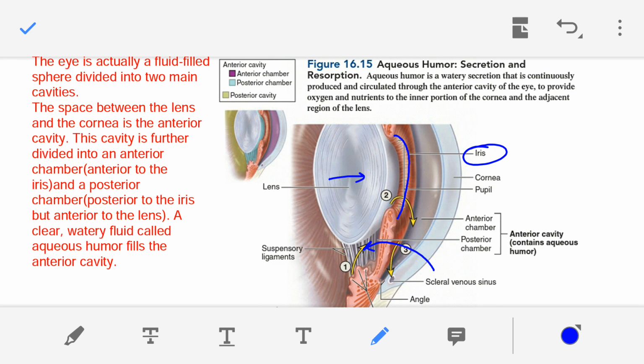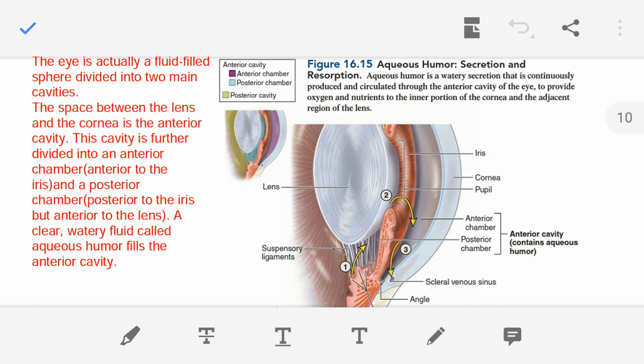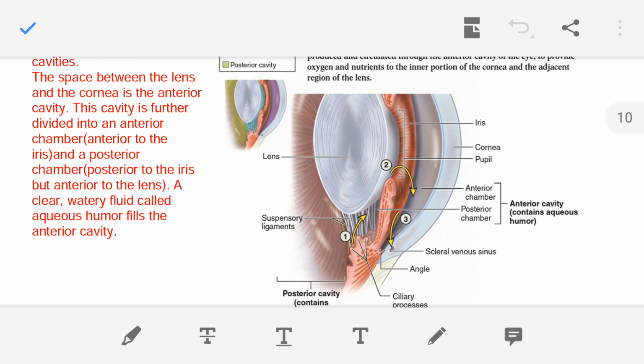This is the lens, and anterior to it the posterior chamber is present.